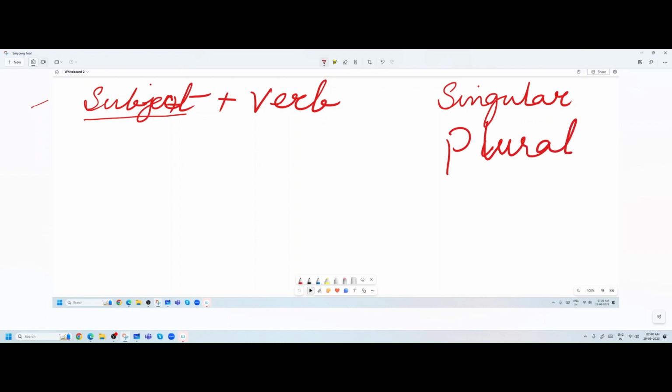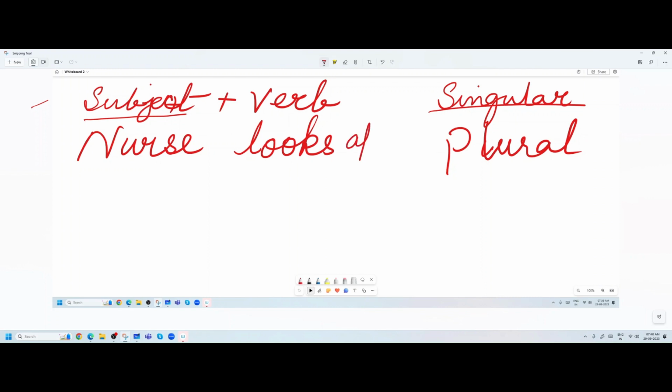So, what is your singular subject? You can put anything over here, like nurse. Let's keep it as nurse. So, the nurse looks after the patient. So, what is it you're writing over here?